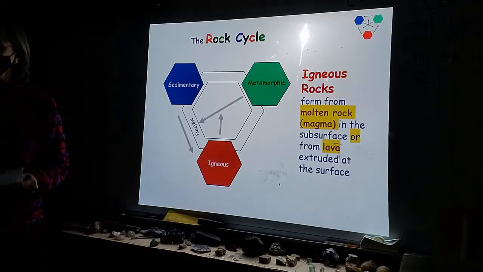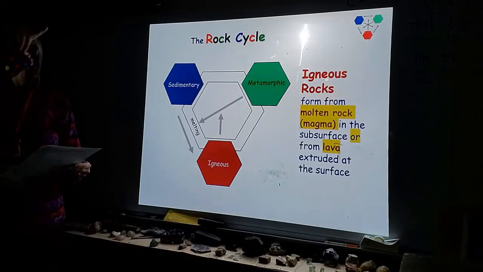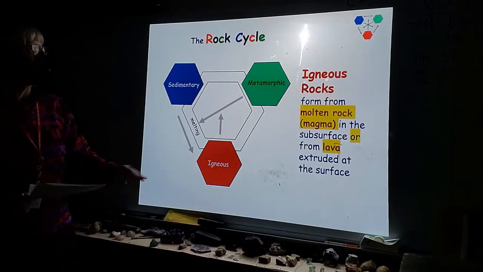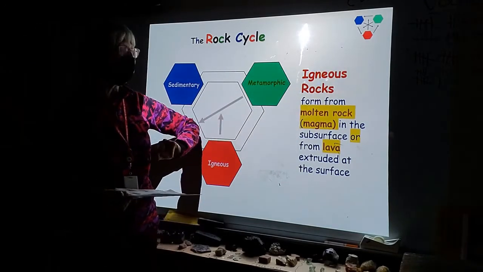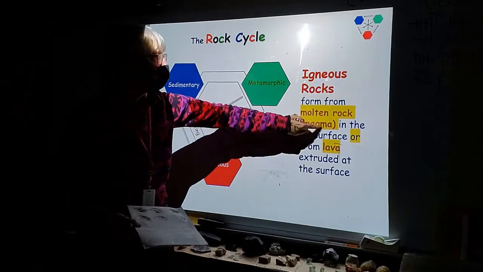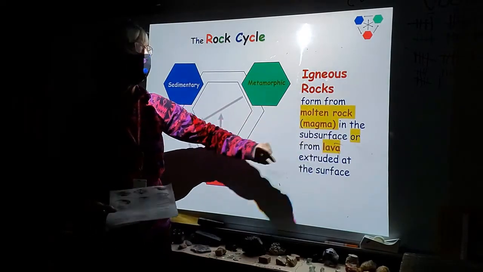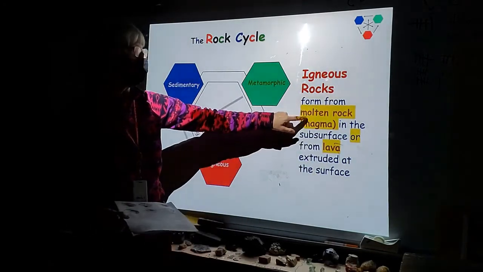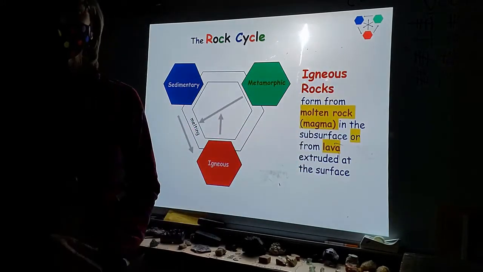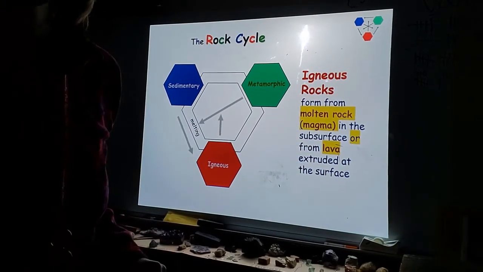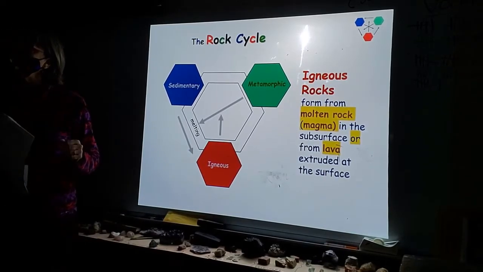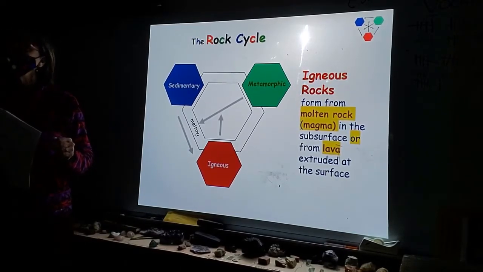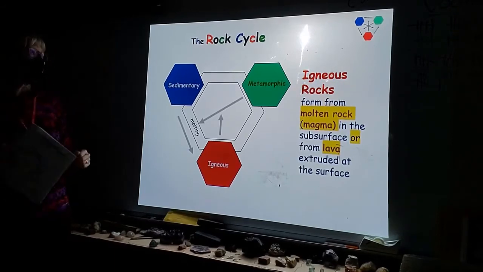Now, let's go to igneous rocks. In the big giant banner on page 4, igneous rocks form from molten rock or magma in the subsurface or from lava. So all you write is molten rock, magma, or lava. So here we go with the chart again. Can all rocks become igneous? Yes or no? Yes, they can.